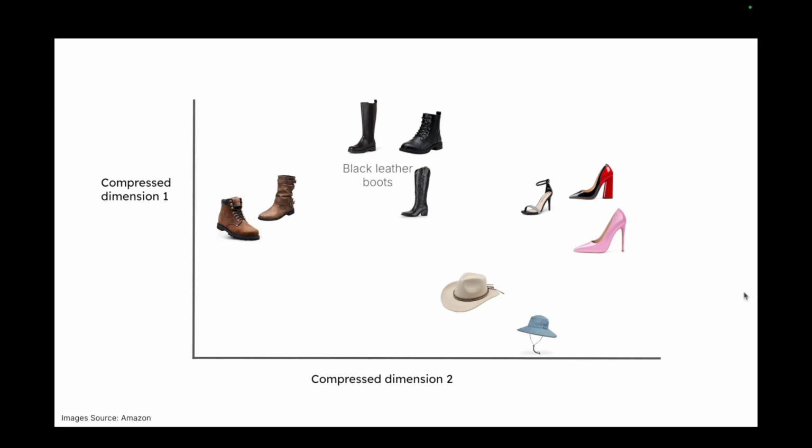So our user query is going to be right here. And the closest similar boots are going to be here, and those are what are going to be returned by our similarity algorithm. Now, close to black leather boots are also brown boots. Farther away are going to be high heels, and then farther away than that are going to be hats, although the cowboy hat is a little closer because we have a cowboy boot here. And so this is what it might look like in semantic space.